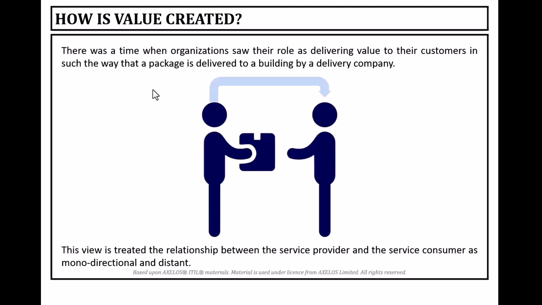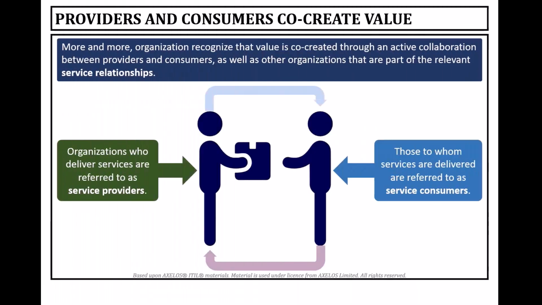actively encouraging them to collaborate. Collaboration in the service value chain is one of the key focuses of ITIL 4. Service relationship management consists of joint activities performed by a service provider and a service consumer to ensure continual value co-creation based on agreed and available service offerings.